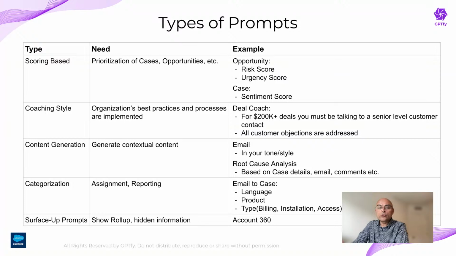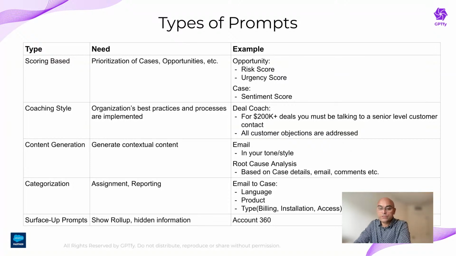Once you start getting those scores and figure out what the score bands are, then based on those sentiment scores, you can say which cases you want as high priority, low priority, or medium priority. So scoring helps you prioritize cases, opportunities, or any record.